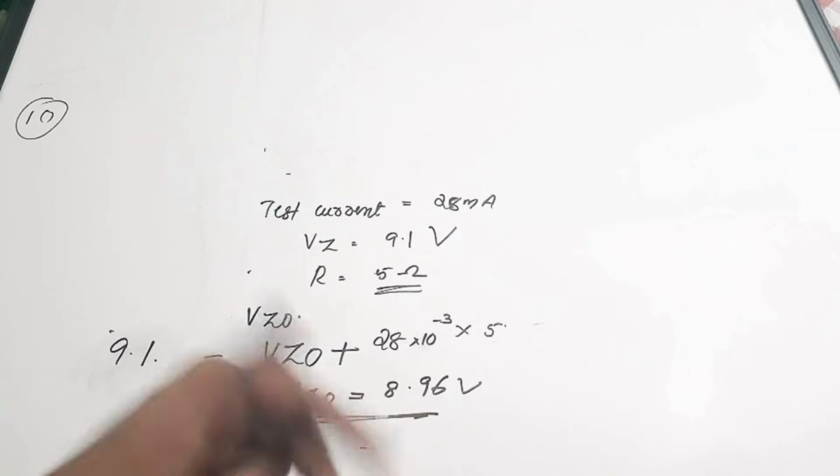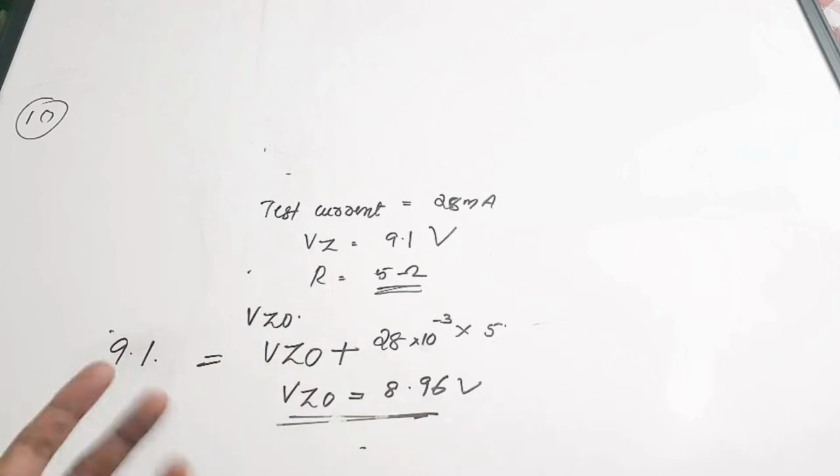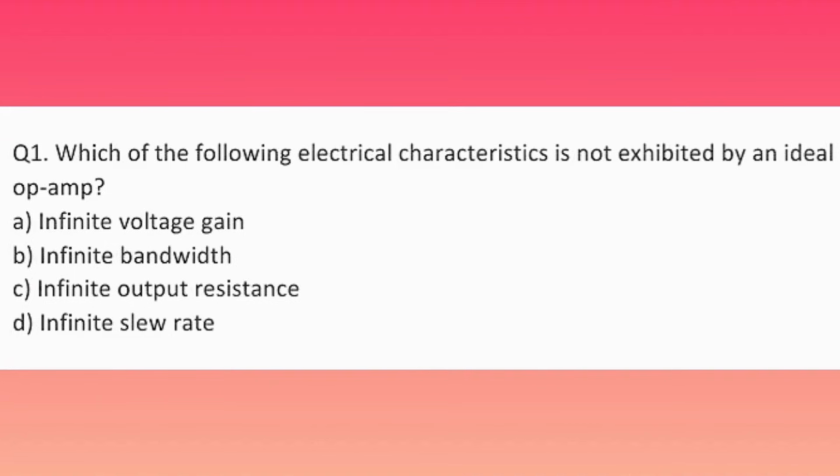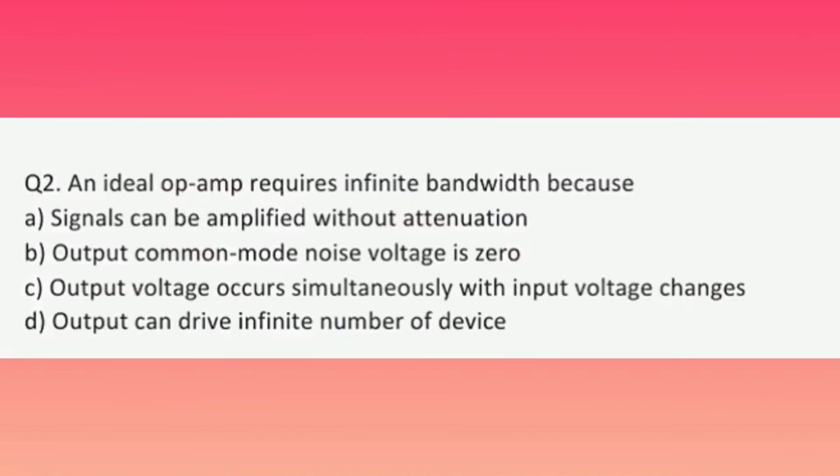And this will get increased due to the test current and the incremental resistance combination. So this is actually a Zener model circuitry. So you'll be getting Vz0 as 8.96 volt. So that is the question.